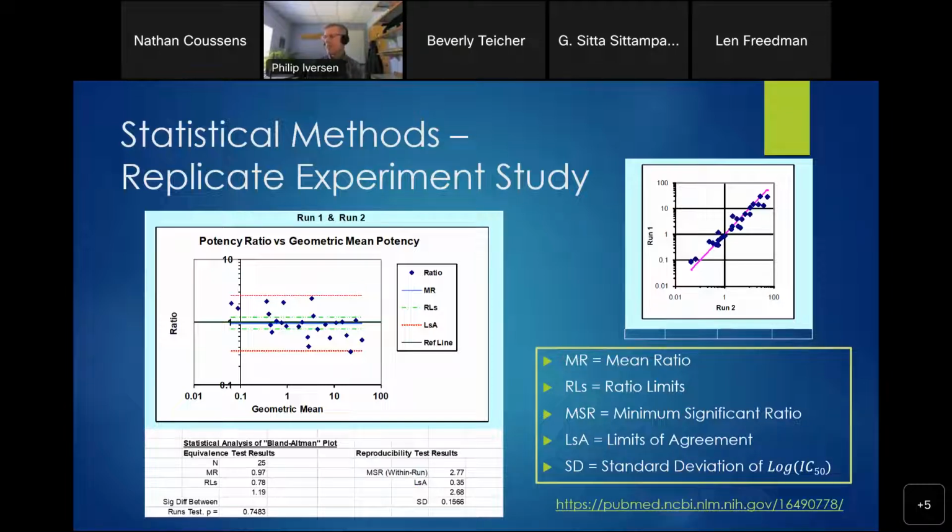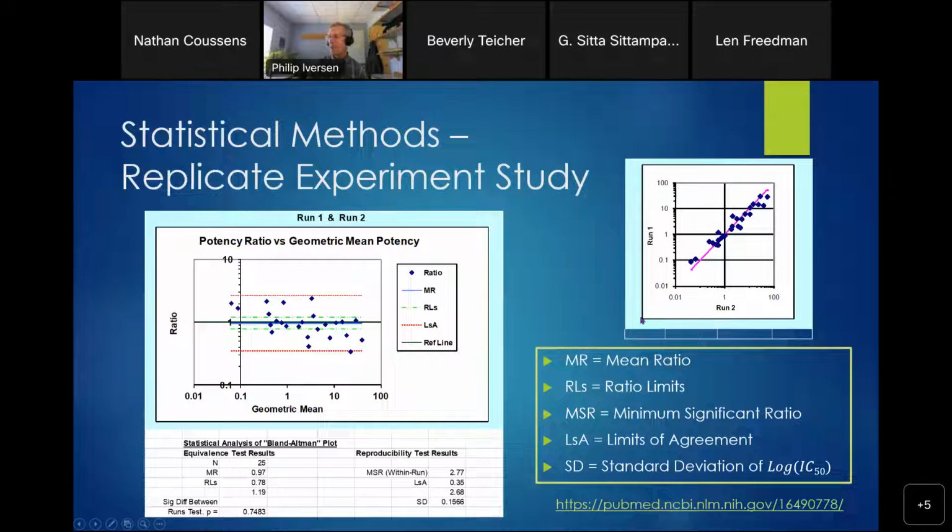We'll show an example of that in a moment. The p-value here is for that paired t-test for the mean ratio being different from 1. And it's good that that's a large p-value. The mean ratio is close to 1. So there's a consistency on average between the 2 runs for this set of compounds.